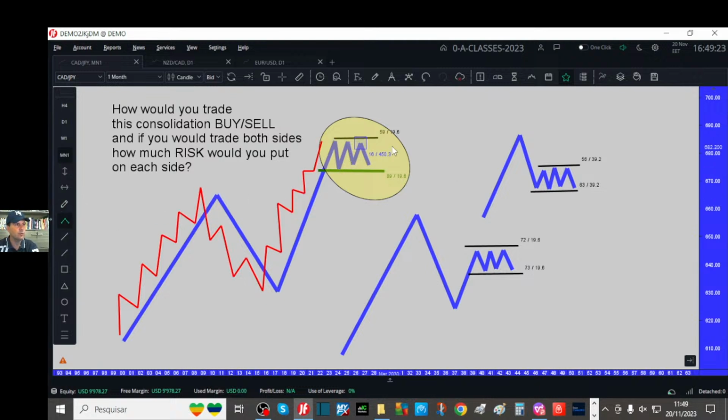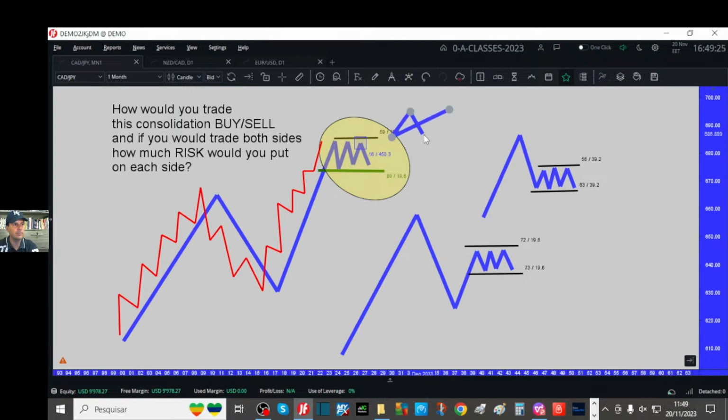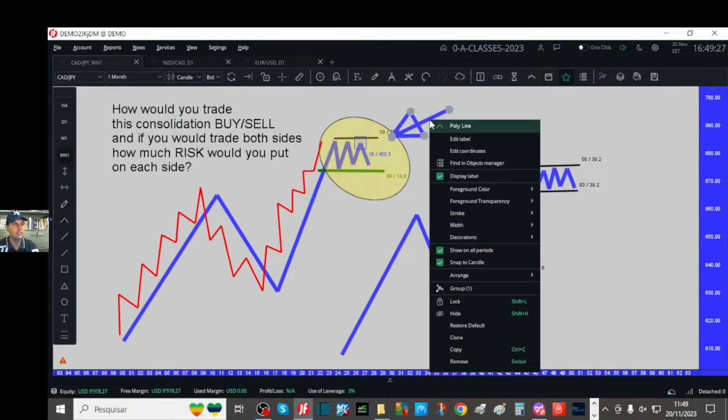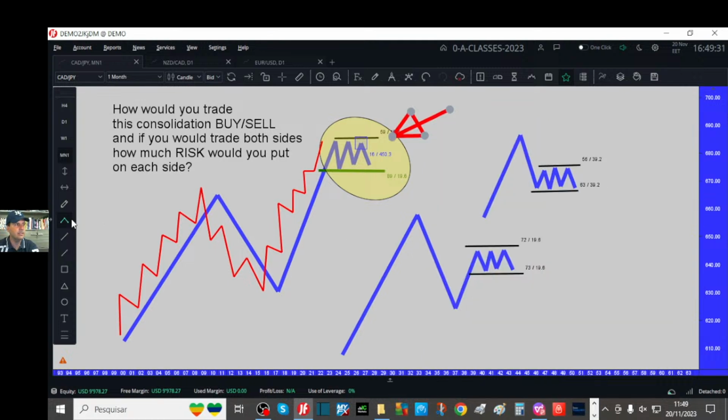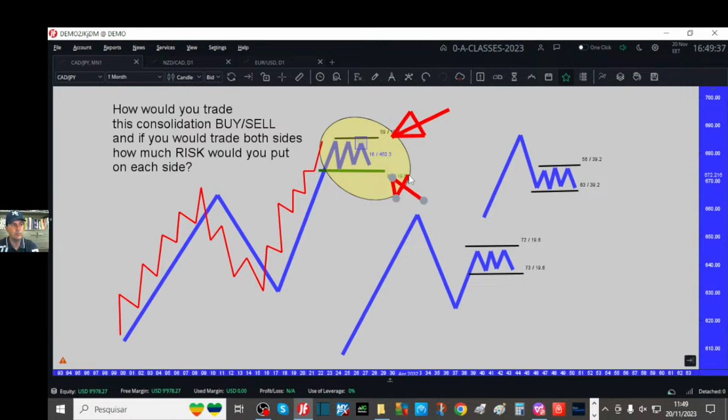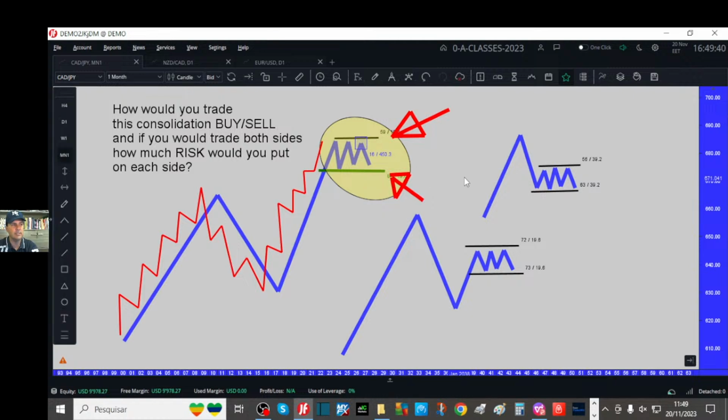If I am shorting the market, just shorting, and if I am not buying, and if I put more risk on the short side and less risk on the long side, am I trading? Look at me.